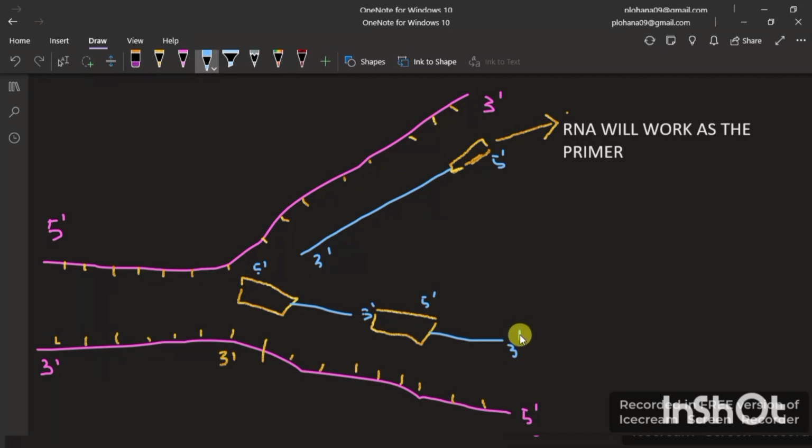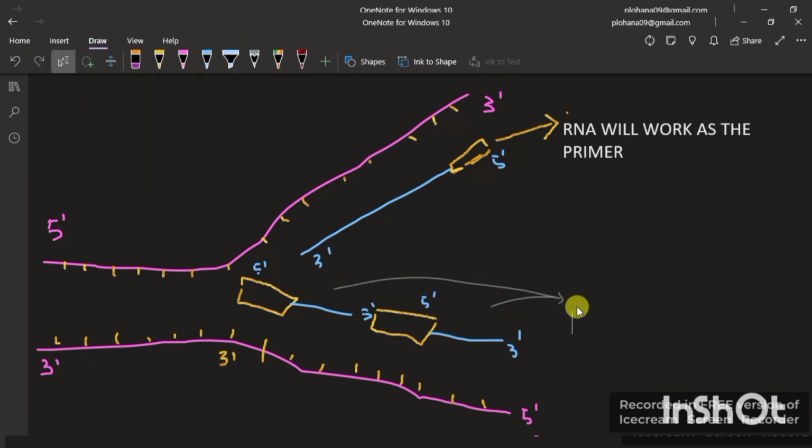Alright, so now what will happen? Now this strand has some fragments. This is one fragment, and this is another fragment. So these fragments are called what? Let me write here.